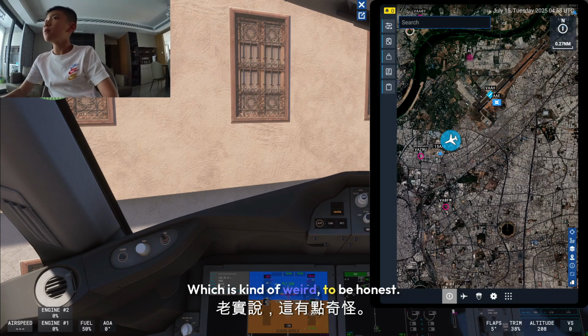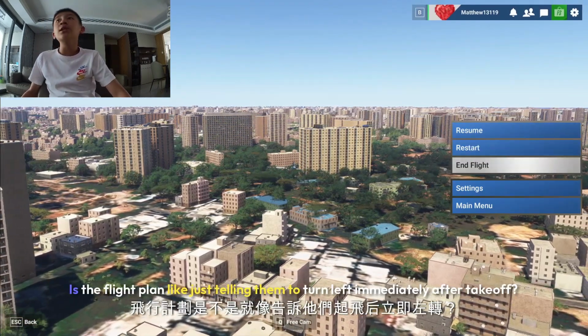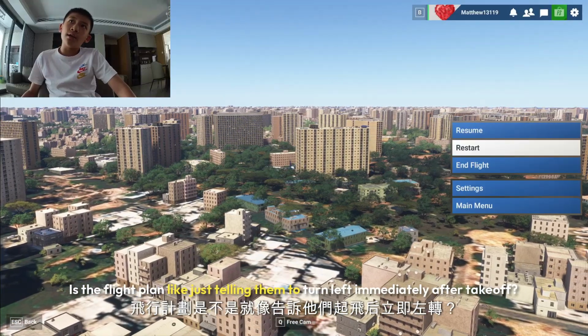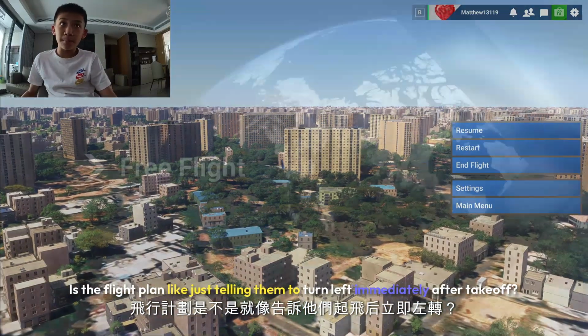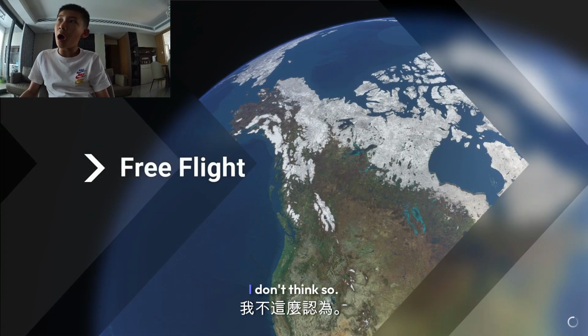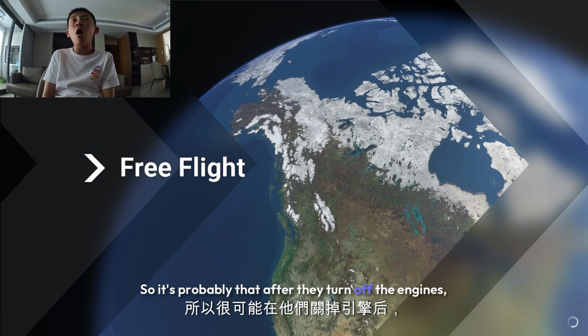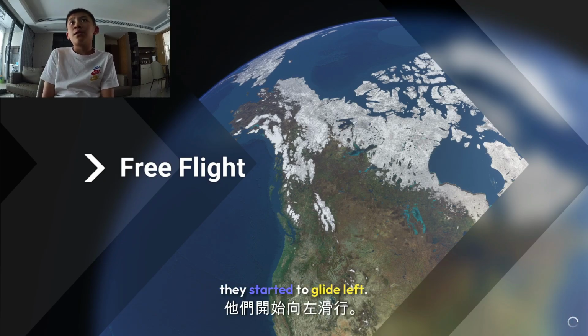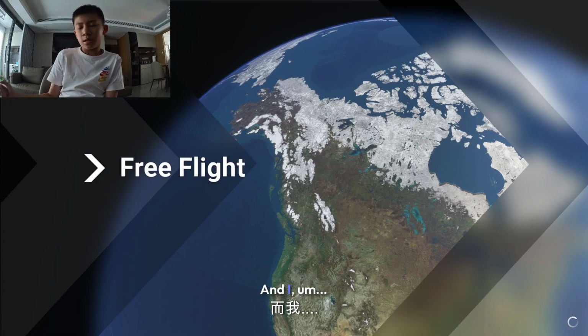which is kind of weird, to be honest. Why did it turn left? Is the flight plan just telling them to turn left immediately after takeoff? I don't think so. So it's probably that after they turned off the engines, they started to glide left.